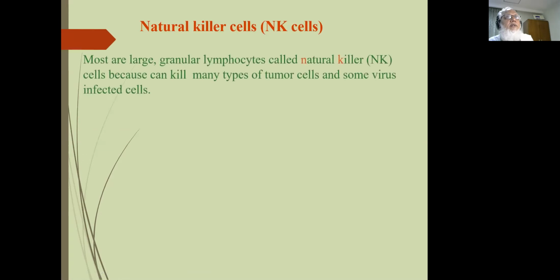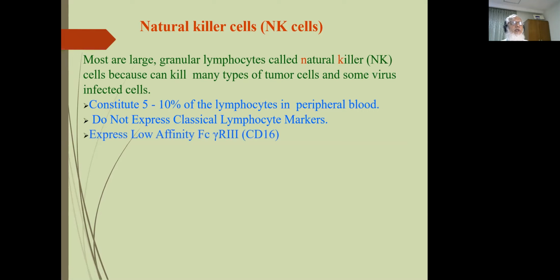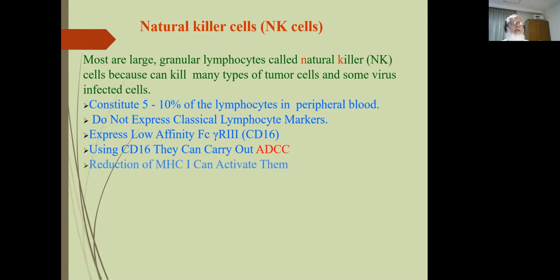Now, natural killer cells. Natural killer cells are large granular lymphocytes. They can kill many types of tumor cells and some virus infected cells. They constitute 5 to 10% of lymphocytes in the peripheral blood. They do not express classical lymphocyte markers like CD4, CD8, etc. They express low affinity Fc gamma R3. This is the CD16 molecule, and using CD16, they can carry out ADCC, antibody-dependent cell-mediated cytotoxicity.